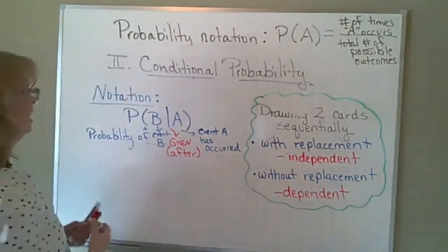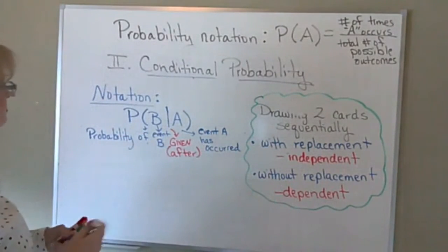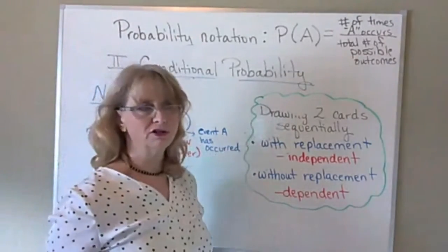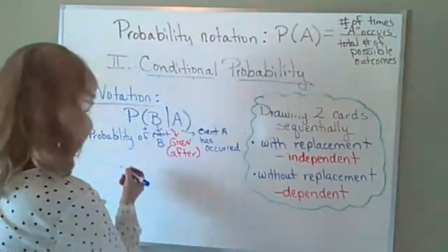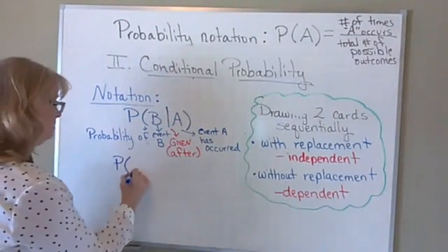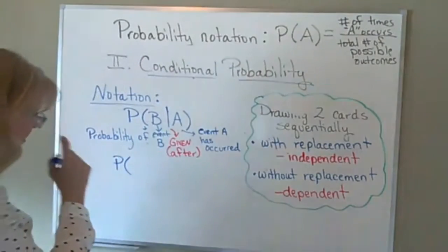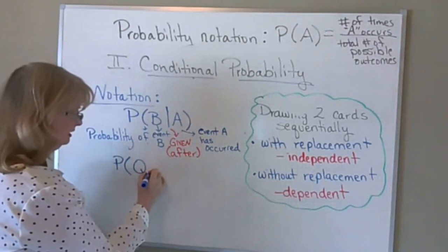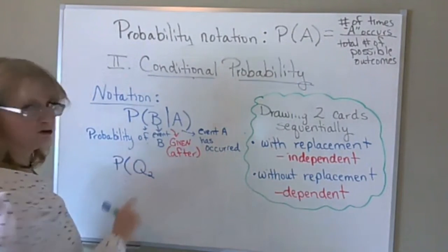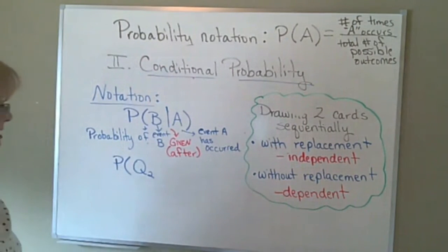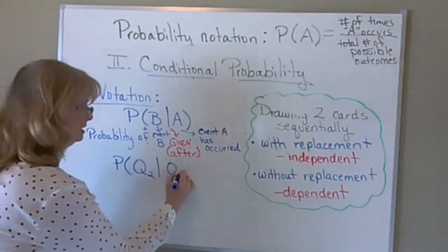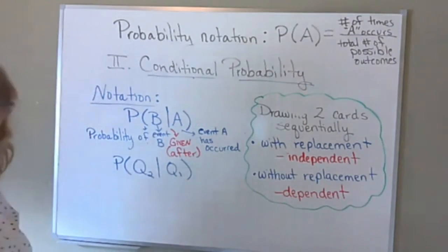Okay, so I'm going to use this drawing two cards sequentially as an example to demonstrate how you might do a conditional probability. So we're drawing two cards sequentially. Let's suppose we wanted to know what's the probability that we get a queen on the second draw. I'm going to put a little 2 there so we'll know that's the second draw. Given that we got a queen on the first draw.